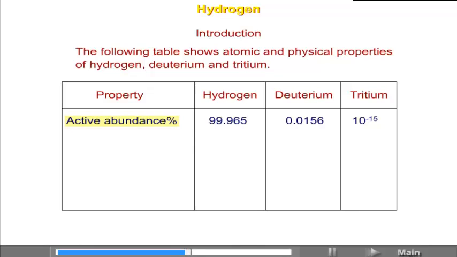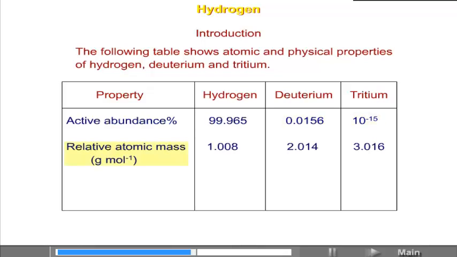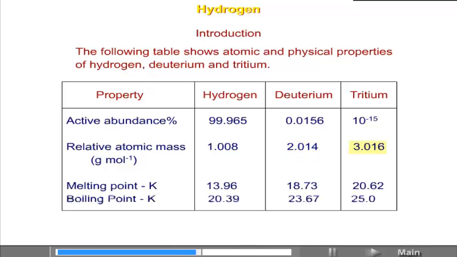Natural abundance in percentages: 99.985, 0.0156 and 10 raised to minus 15. Relative atomic mass in grams per mole: 1.008, 2.014, 3.016.